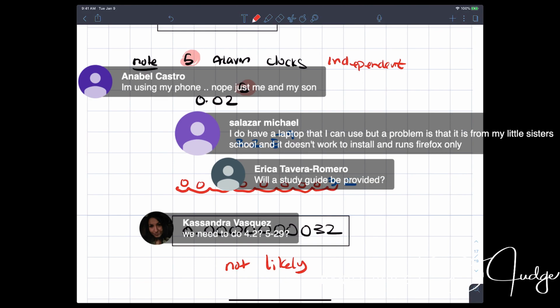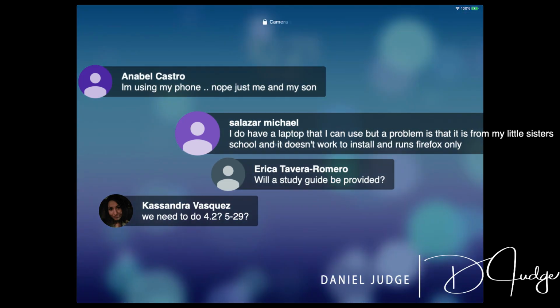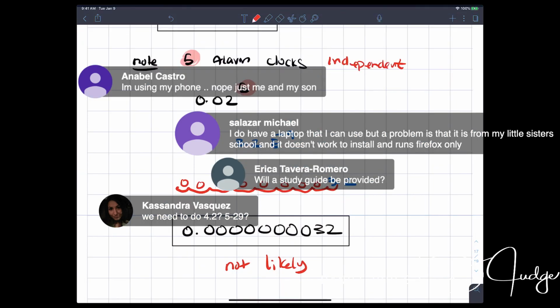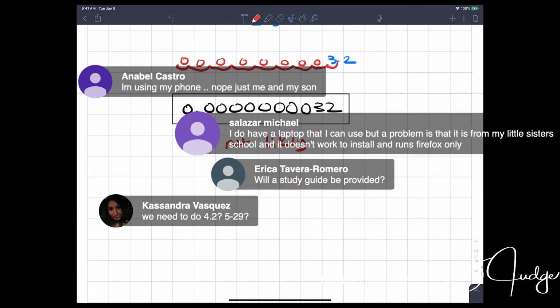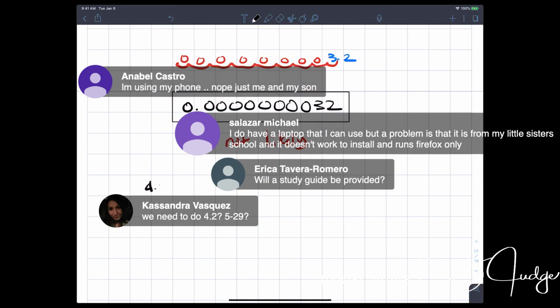All right, Cassandra, the answer to your question, do we need to do 4.2, 5 to 29 odd? Yes, from the book. And this book, they changed things on it, they changed it backwards. So multiple selections, so you guys know, is actually in 4.2, and they gave you homework in 4.3. So you do want to do 5 to 29 odd, and that's from the book. And that's your homework. So some of you guys are going, hey, what's my homework, right?